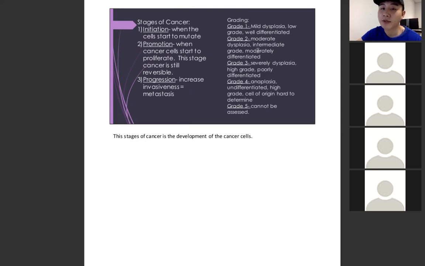Grade 2, moderate dysplasia, intermediate grade, moderately differentiated. Grade 3 is severe dysplasia, high grade, poorly differentiated. Grade 4 is anaplasia, undifferentiated, high grade, cell origin hard to determine. And grade 5 cannot be assessed. This stage of cancer is the development of cancer cells.